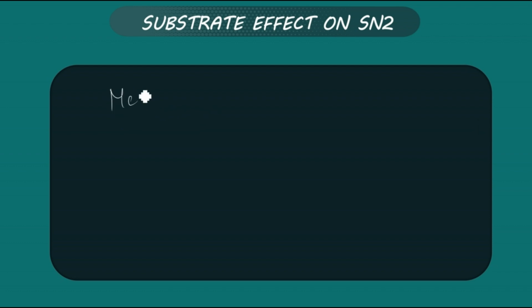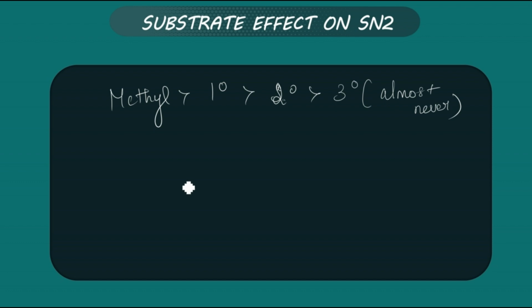So that's why methyl comes first, then comes primary, then secondary, and then tertiary. Here the tertiary almost never happens. Okay. Why? Because of steric hindrance. It is making a crowded environment over there. Okay. So what can be asked as a question? When you see the primary halide, your mind should go to SN2.